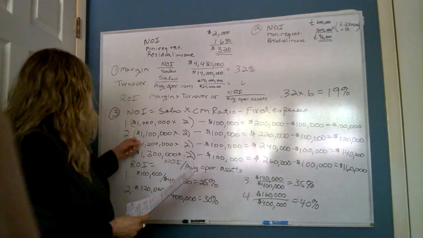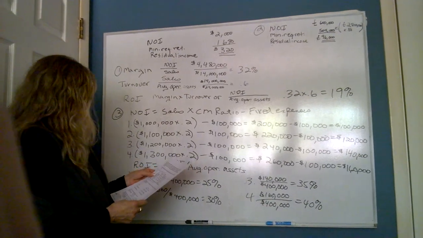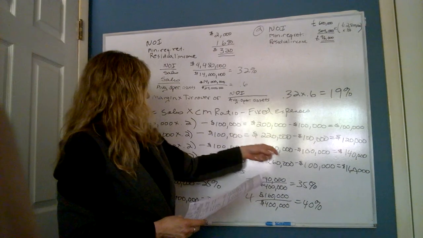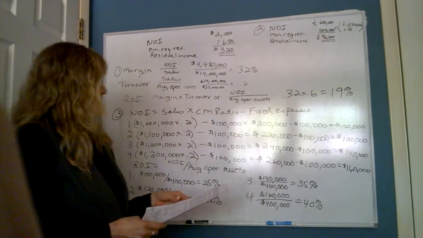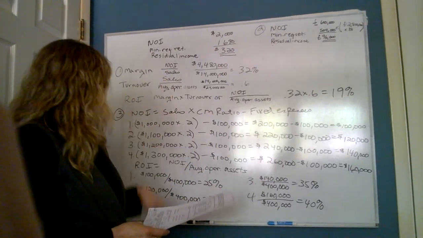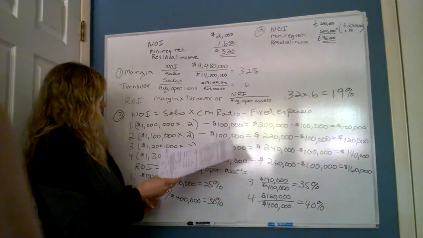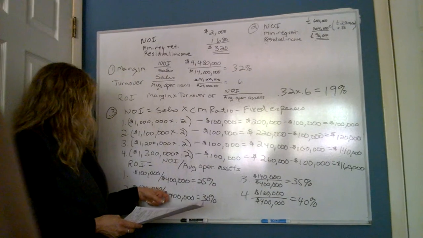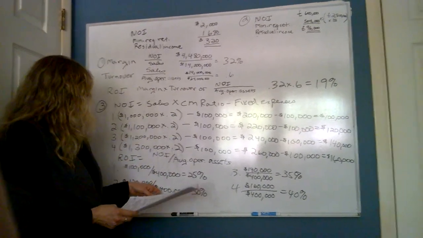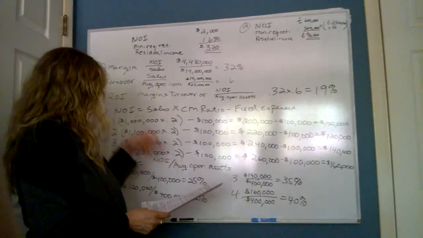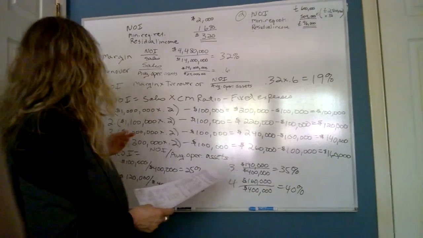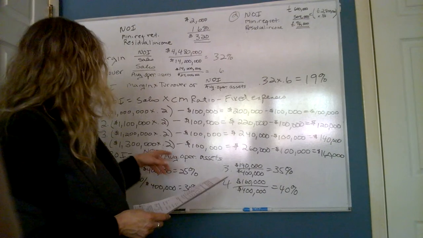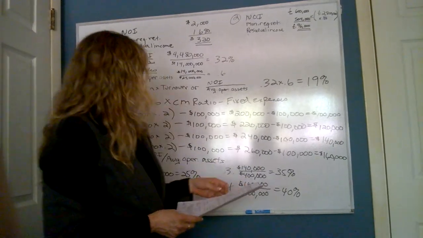You're going to do the same thing with 2, 3, and 4. Our sales of 1,100,000 times 20% is 220,000. We subtract our 100,000 in fixed expenses for 120,000. That's our net operating income. If we divide that 120,000 by 400,000, our average operating assets, we get 30%. The third one, sales of 1,200,000 times 20% gives us 240,000.